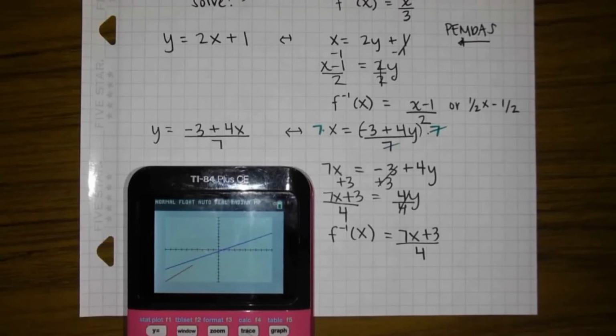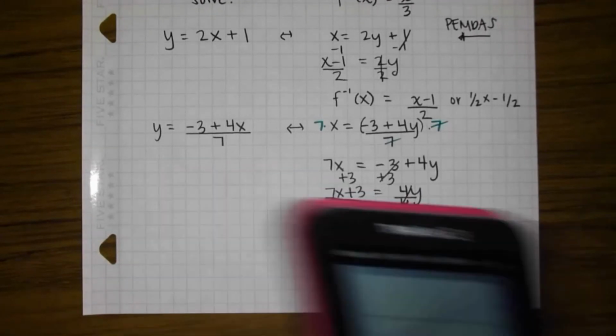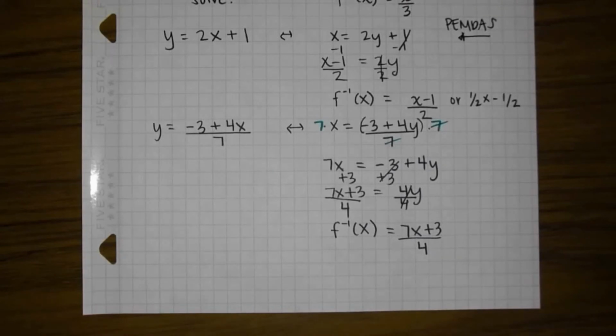Oops. So we'll graph this. There's the original. There's y equals x. And there is our inverse. And so again, it looks like a nice reflection.